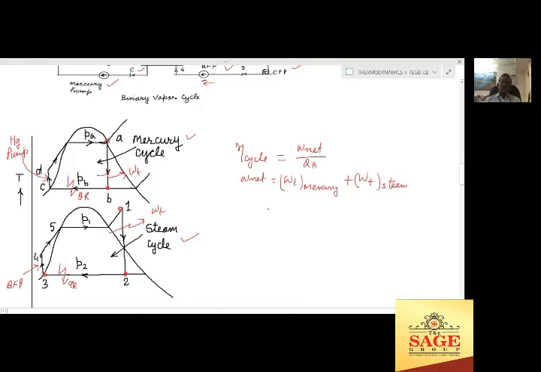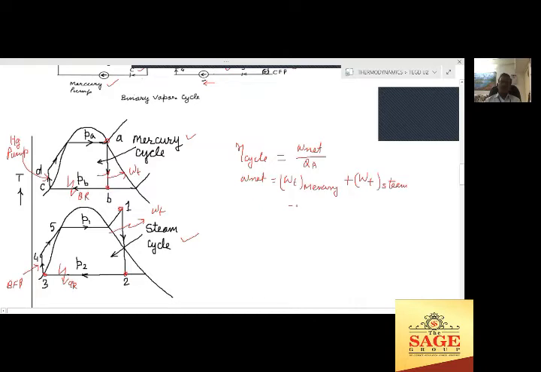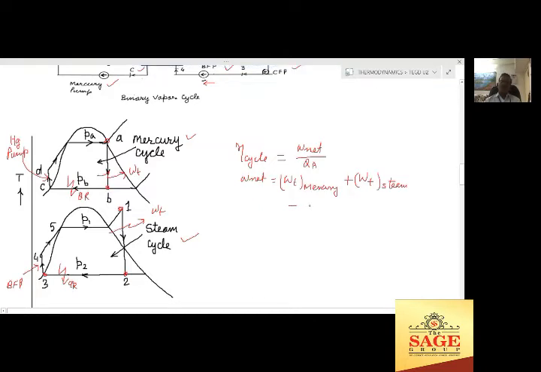Also, we have the pump work that we have to supply in the cycle. So net work is obtained by subtracting the pump work.